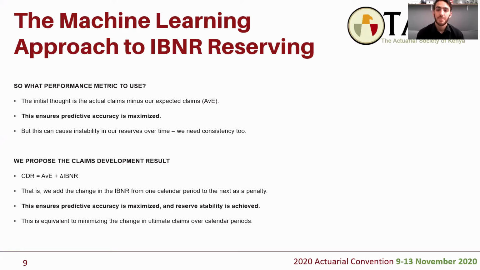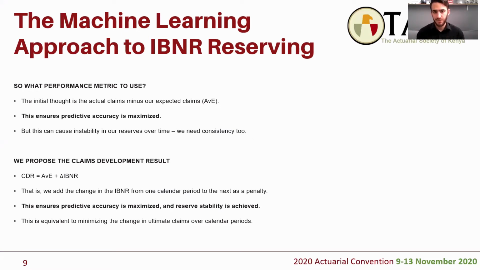And that's where the claims development result comes in. So the claims development result is essentially the AVE plus change in your IBNR reserve estimate between calendar periods. So what you're doing is you're essentially adding a penalty to your AVE, which is the change in your IBNR reserve. So if your IBNR reserve is changing wildly from one period to the next, it acts as a penalty and it increases your claims development result or your score metric.